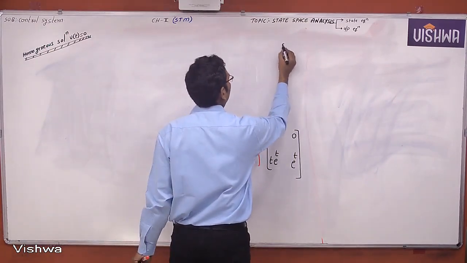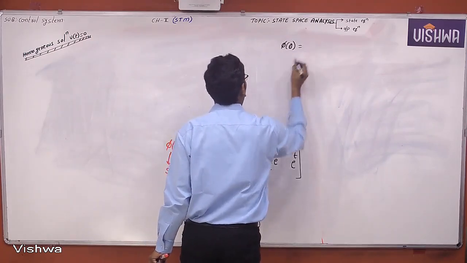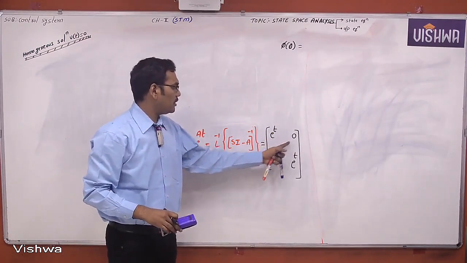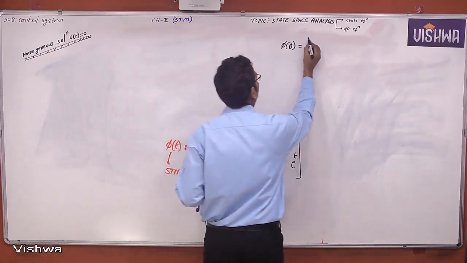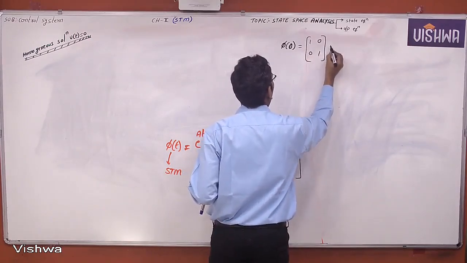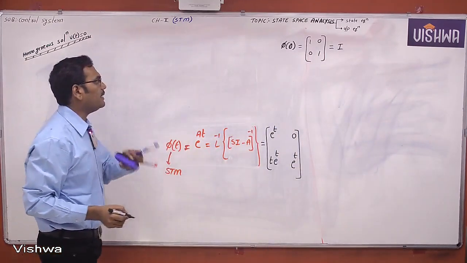What is phi of 0? Substitute t equal to 0: e power 0 is 1, 0, 0, 1, which is nothing but an identity matrix. Phi of 0 is an identity matrix.